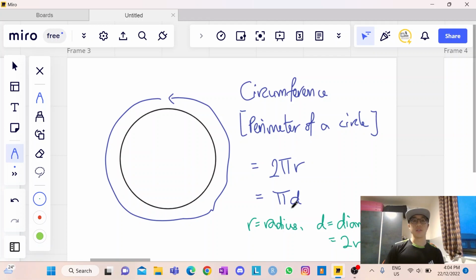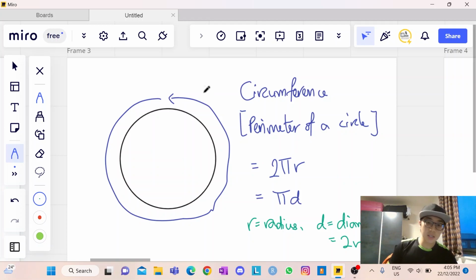Both of these are equivalent, so it depends on which one you use, but usually we use 2 pi r. If you're asking for proof, there should be a proof somewhere on Google, but I'm not doing it here because I don't know it either. So you're just going to remember it's 2 pi r.